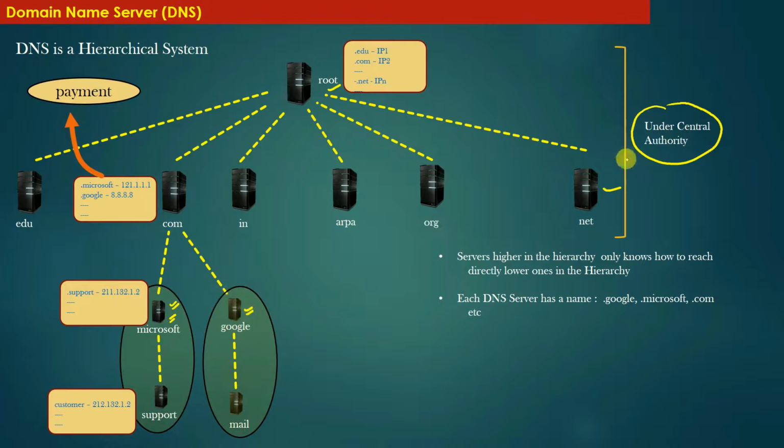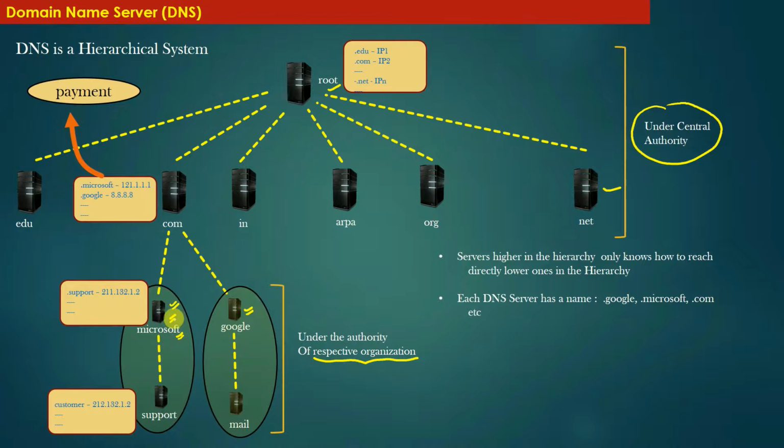The central authority has nothing to do with the management or control of the organization-specific DNS servers. So the Microsoft or Google DNS servers are DNS servers which are under the authority of their respective organization. Right? So Microsoft, that is .microsoft, is a DNS server for Microsoft.